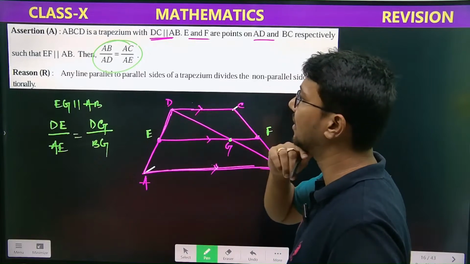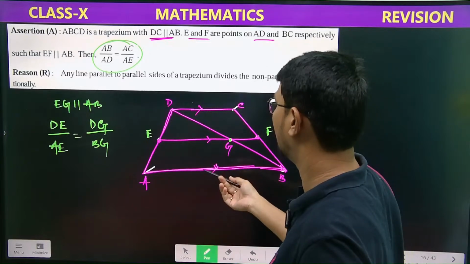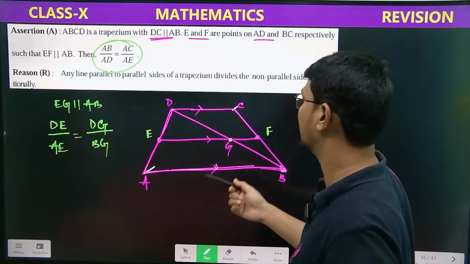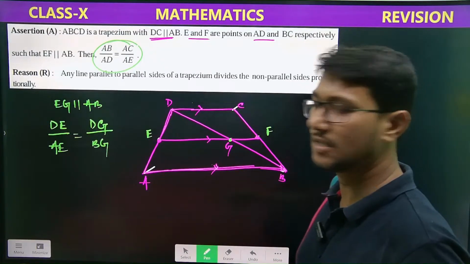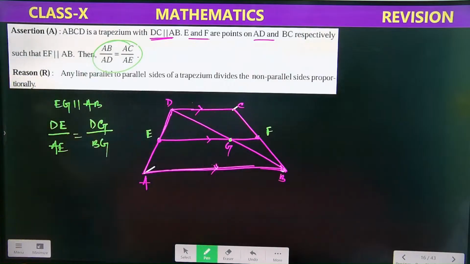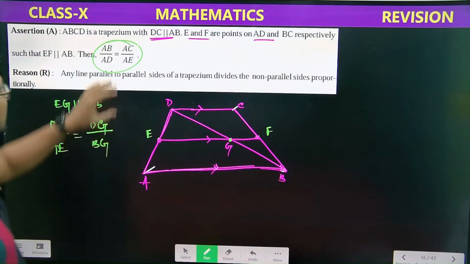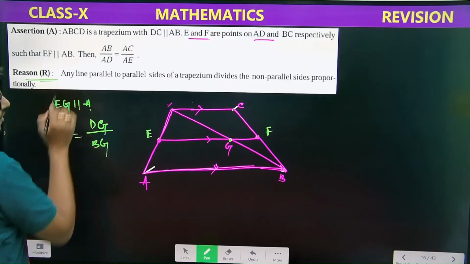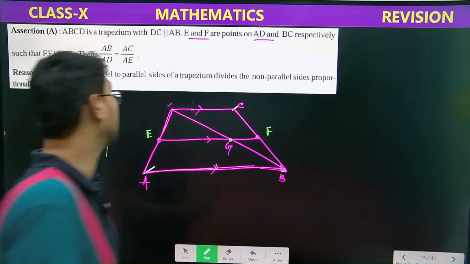AB by AD is not possible. It could be EZ by AB that is possible. So this Assertion is wrong. Clear? Assertion is completely wrong. And which one is correct? Check the Reason. Why? The Reason is a given statement. Which statement?